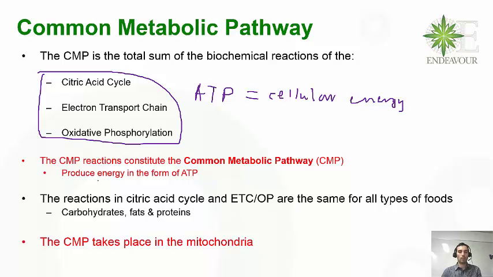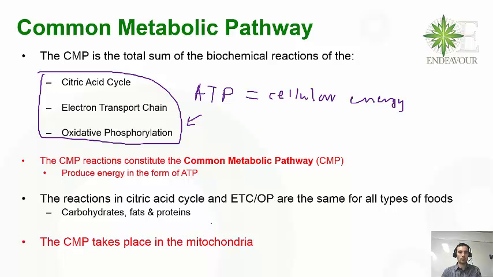The other reason we can group these together is because no matter what type of macromolecule we're breaking down, we still need to use these three components to derive the majority of our ATP. So we can have carbohydrates, fats, and proteins all feeding into the citric acid cycle, which links to the electron transport chain and oxidative phosphorylation.